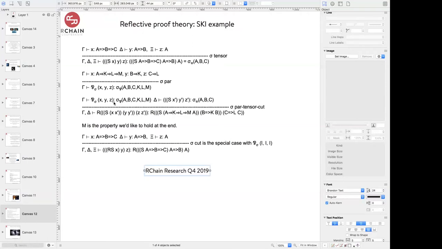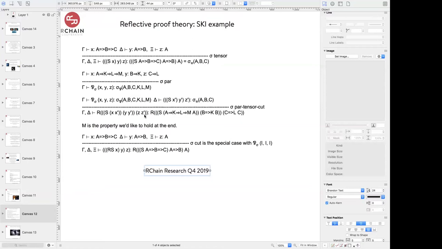So now we've got a proof for a par, and we've got a proof for a tensor, and then we extract them out, right? So the X goes with the X, the Y goes with the Y, etc. So we form that, and then we make an S around that.